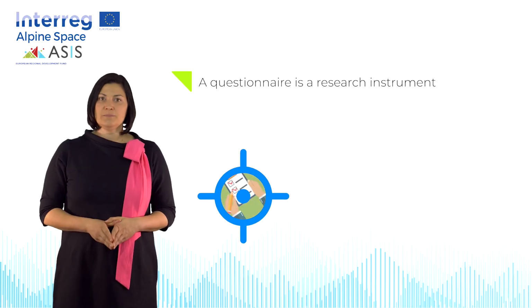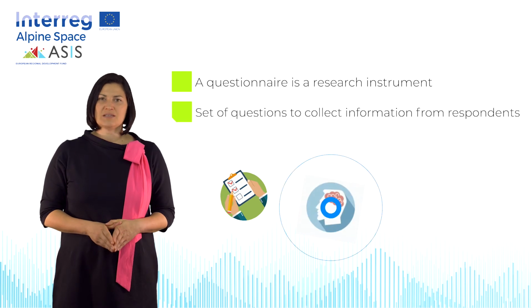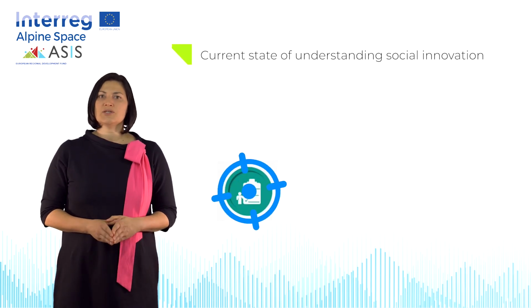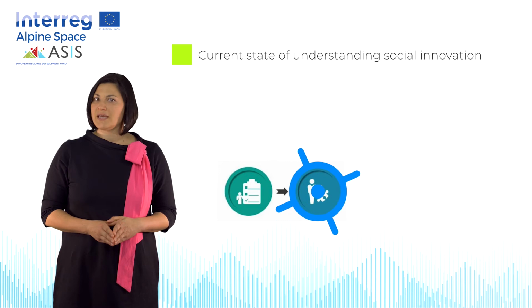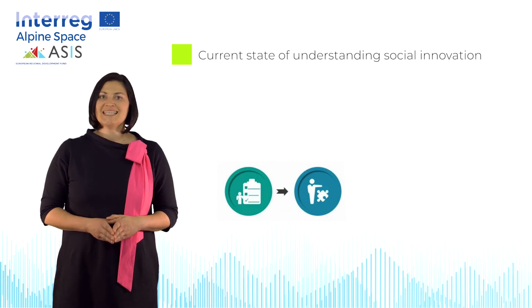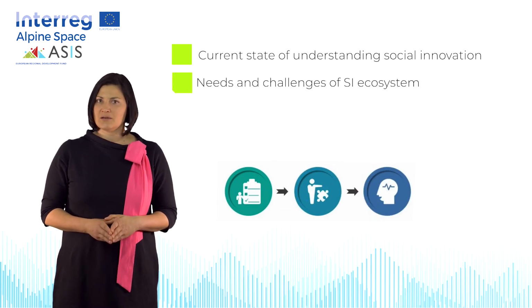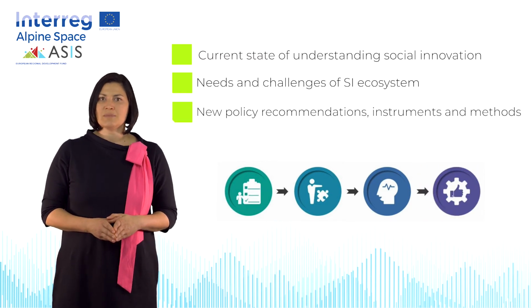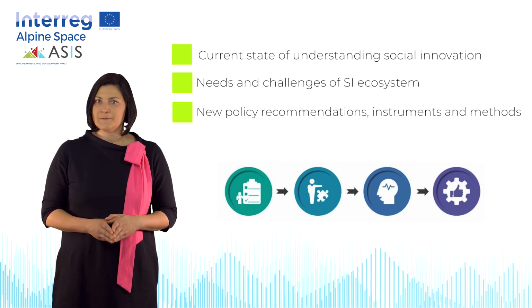A questionnaire is a research instrument that consists of a set of questions to collect information from respondents. In our case, we collected information about the current state of understanding social innovation, needs and challenges of the SI ecosystem, and new policy recommendations, instruments, and methods in support of SI.